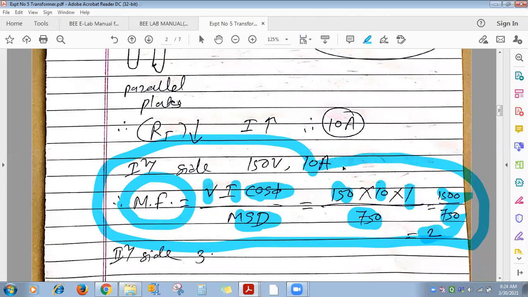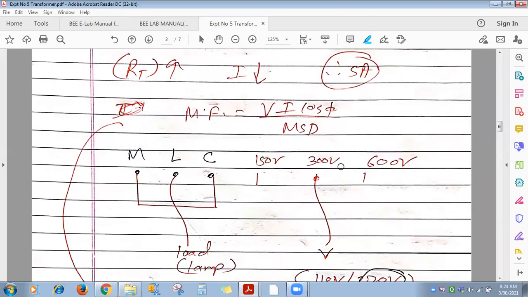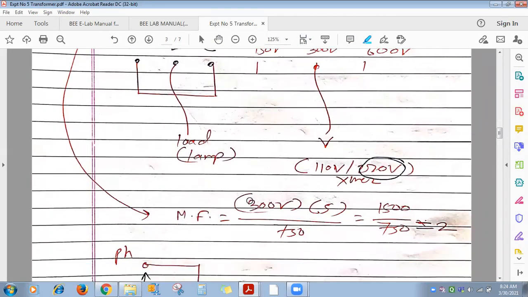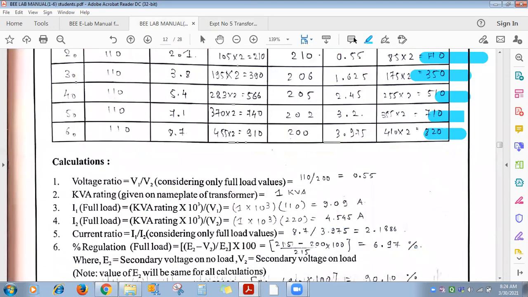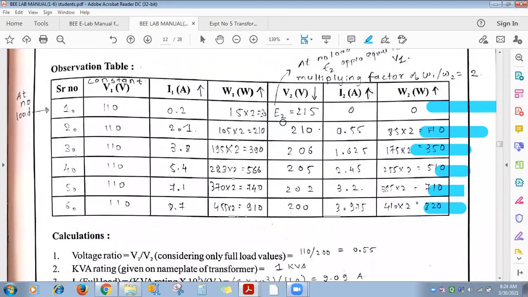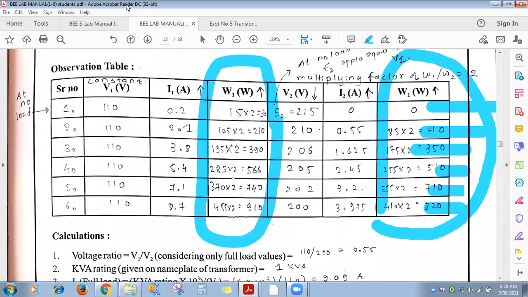Same thing: V range 300, I range 5 ampere, cos phi is 1, and maximum scale deflection is 750. So the factor is 2. If you observe last year's lab manual, all W1 readings and all W2 readings are multiplied by 2. Is this clear? That is why we need to calculate the multiplying factor.